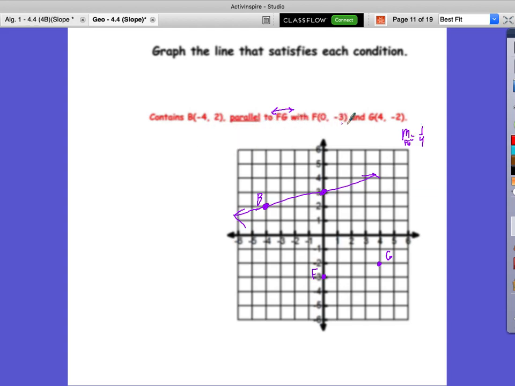If it's parallel to this, we know it has the same slope as this line. It's parallel, so it's the same slope. So we find the slope, which we did. We found the slope to be 1/4. We know how to do that. Then we say, okay, well this slope is 1/4. How can I find the point?